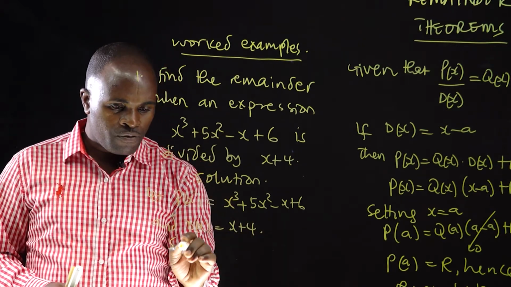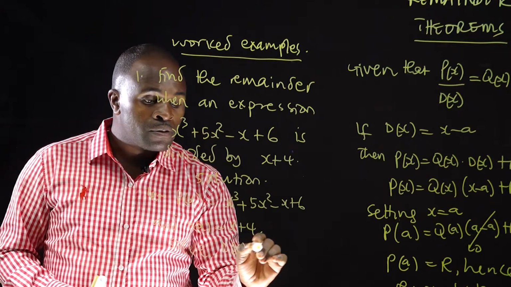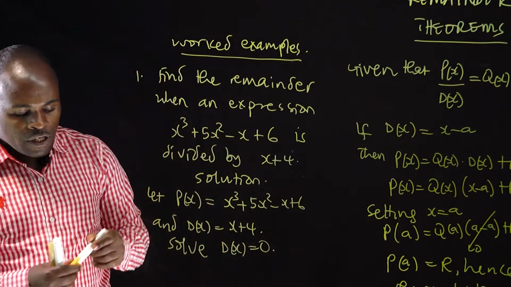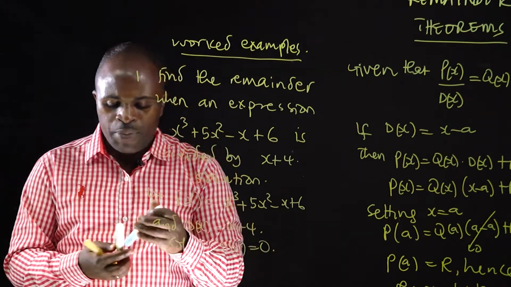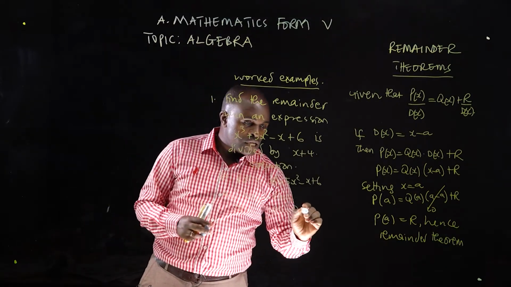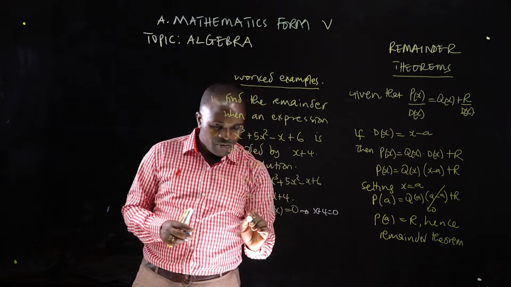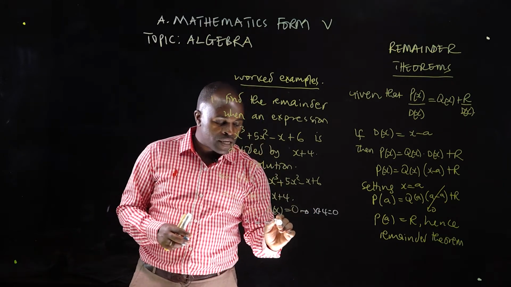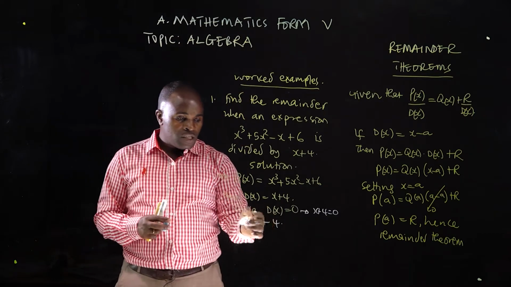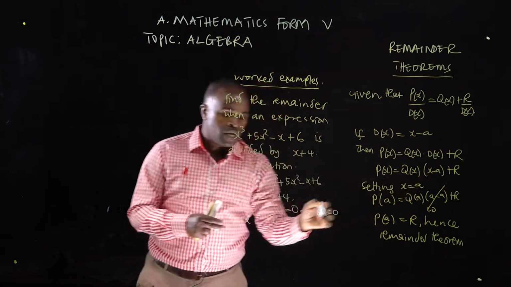So we solve D of x equals 0, which gives the expression x plus 4 equals 0. Therefore, x is negative 4. This is the one assumed as a, from our approach there.